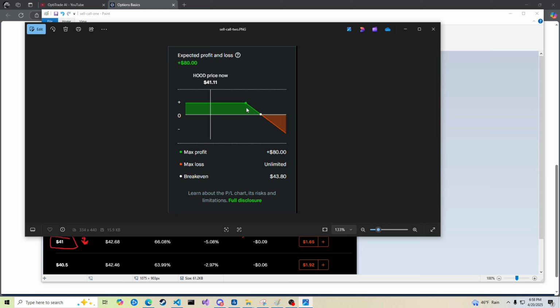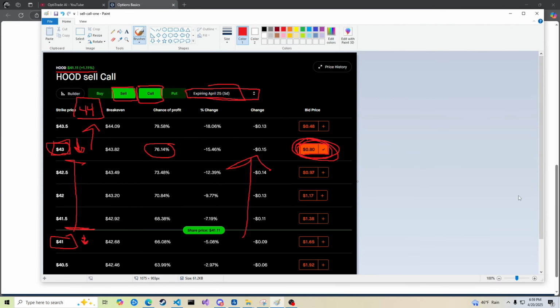Now, if the stock goes obviously far above, you are potentially missing out on money. But if you bought the stock at a lower price than it's currently trading, or even at the price that it's currently trading, you're still going to make money. Okay. And let's not pay attention to some of these other fields right now. We could talk about it in a different video.